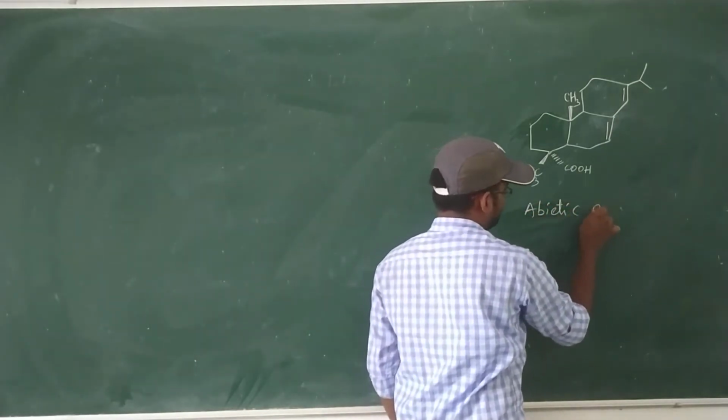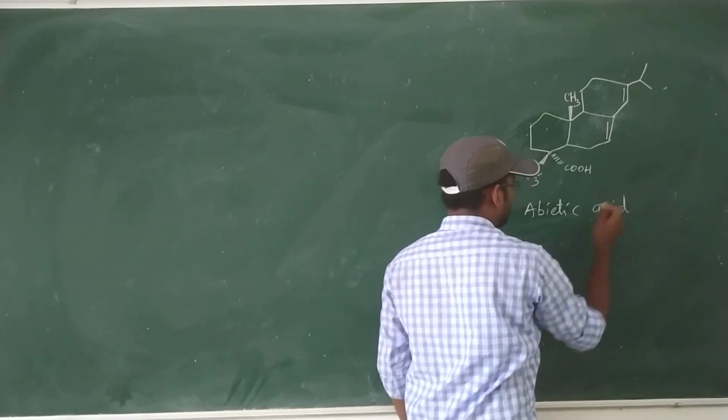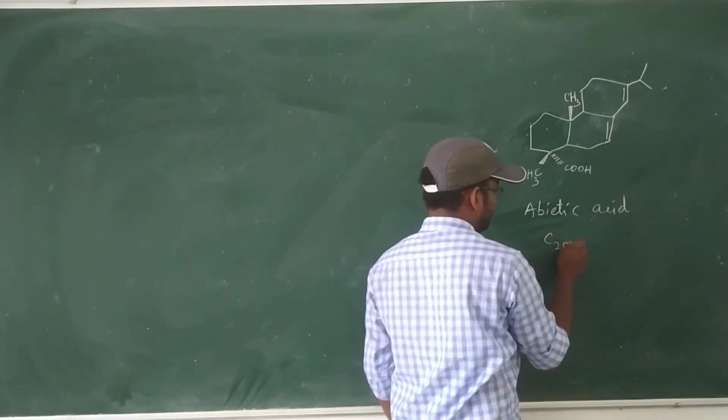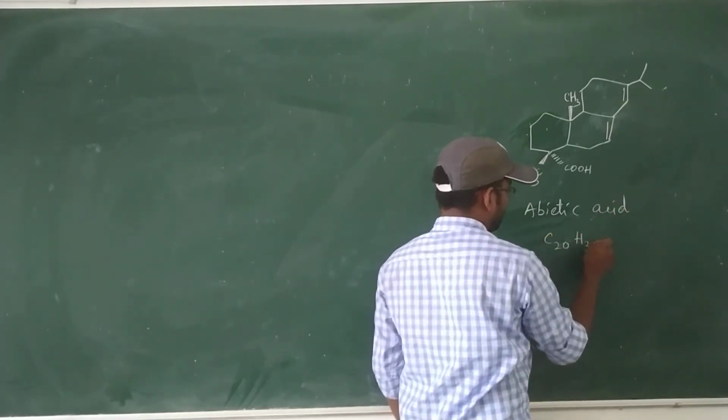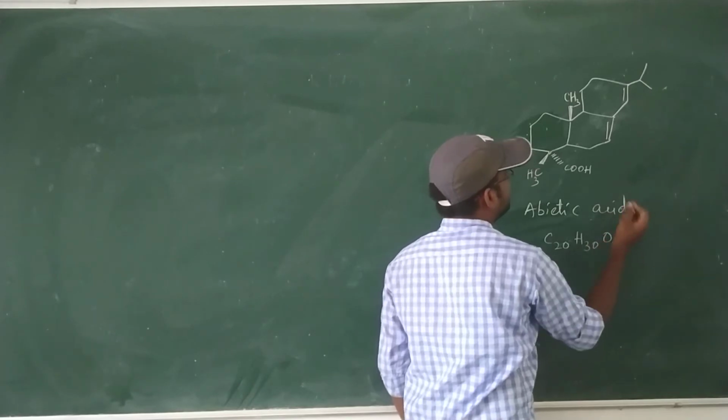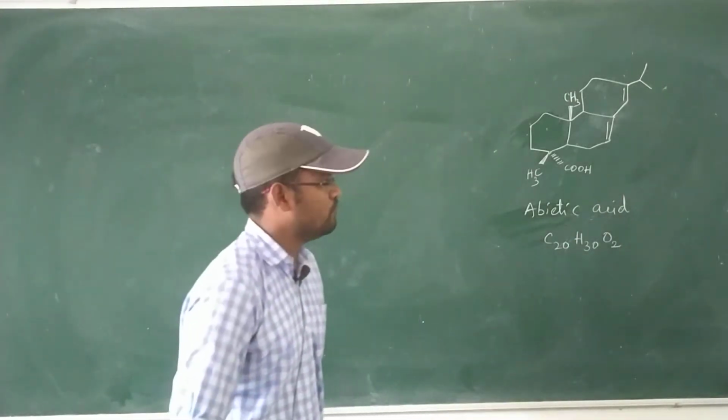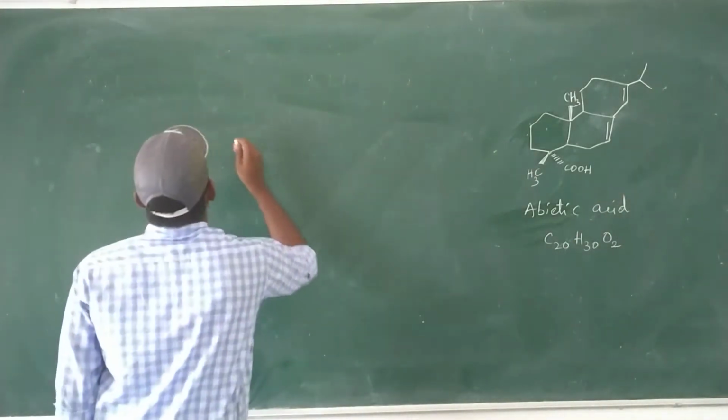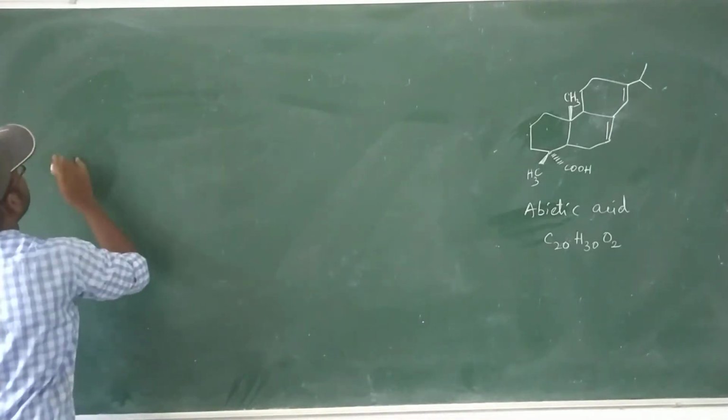Abietic acid structure. Abietic acid molecular formula: C20H30O2. Now let's see the abietic acid oxidation process.